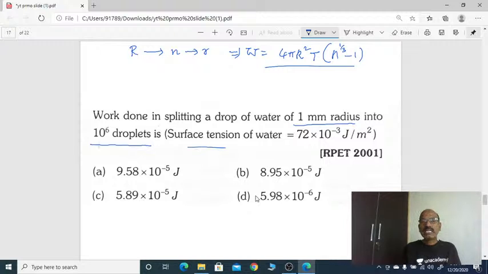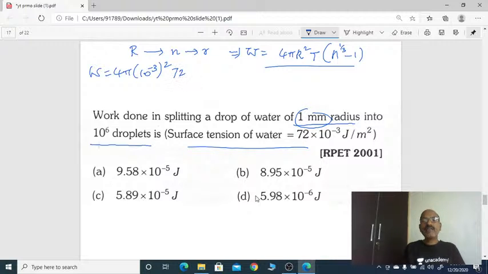Given the surface tension of water, the work done is 4 pi R square T into n power 1 by 3 minus 1. Now we can substitute. What is R? The heavier drop of water has radius 1 mm, convert into meter, 10 power minus 3. So R square is 10 power minus 3 whole square.